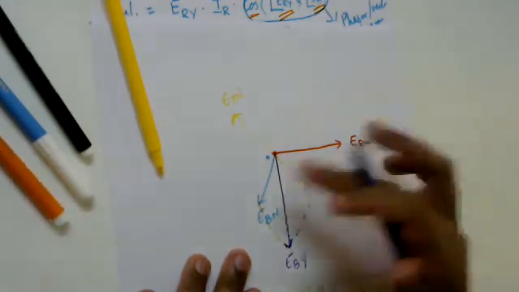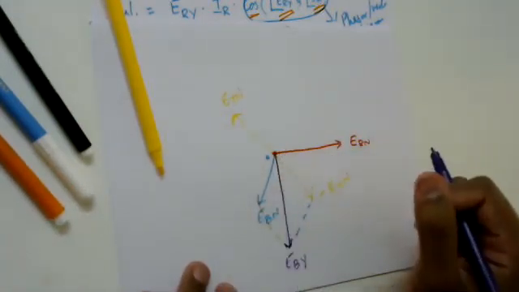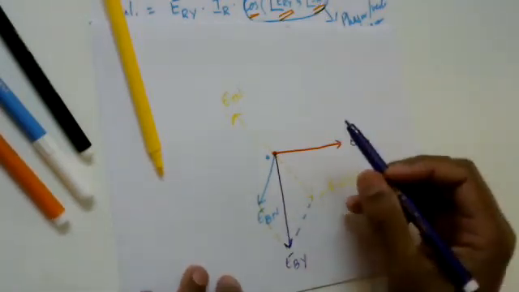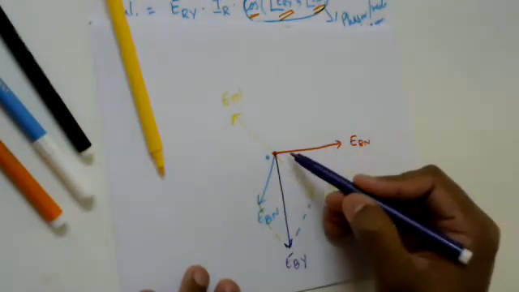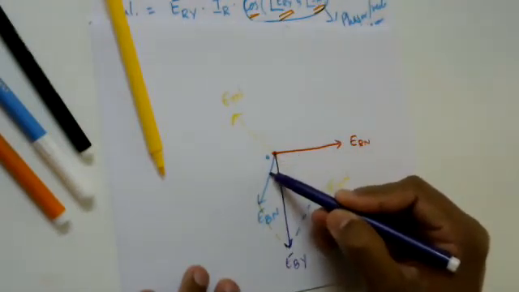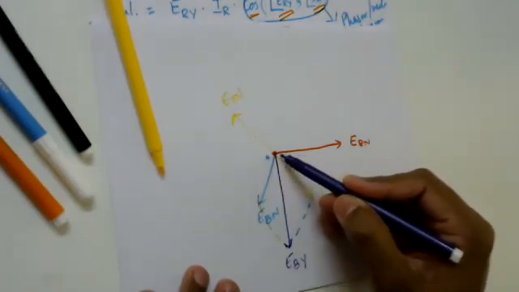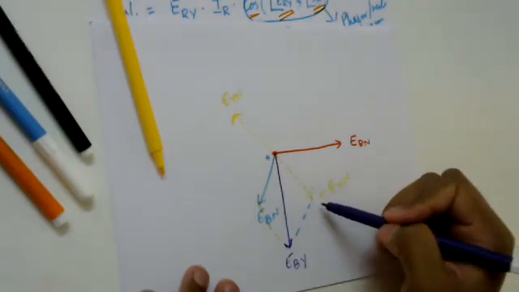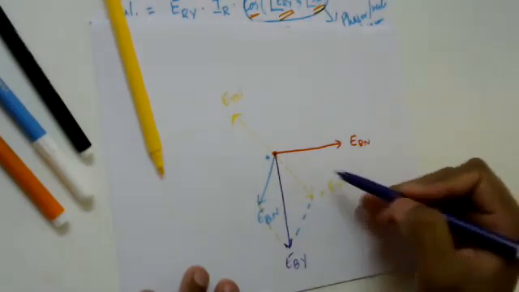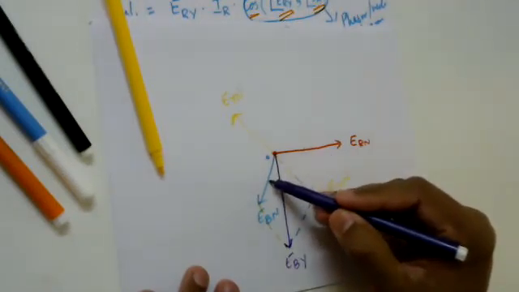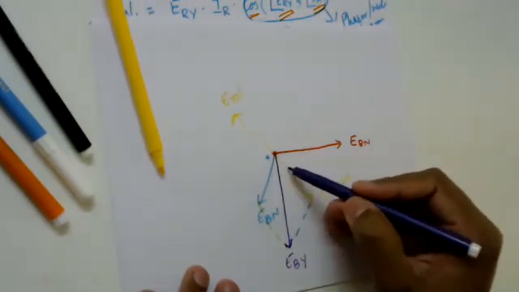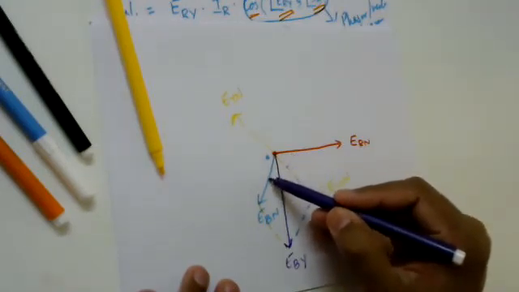Now I'll not write all the angles because you should not get confused. I'll just ask orally. The angle between your R phase and B phase was 120, right? Since this dotted yellow line, which is minus EYN, is projected exactly midway between ERN and EBN, it is dividing this as 60, 60.